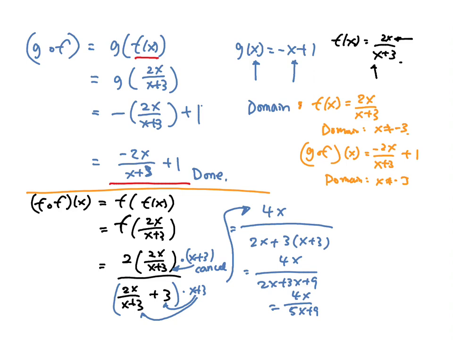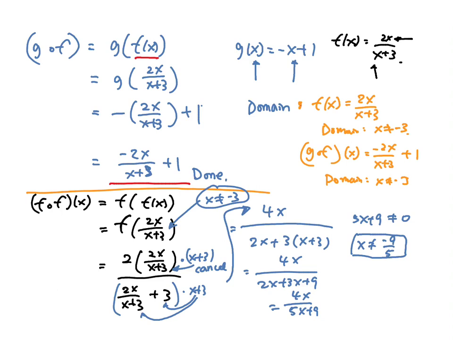Okay. So not a lot of stuff going on. The only thing we have to worry about is the denominator. So 5x plus 9 cannot equal 0. That means x cannot equal negative 9 over 5. Okay. So domain: if you look at it originally, the domain for f of x is x cannot equal negative 3. Now the domain for the final function is x cannot equal negative 9 over 5.